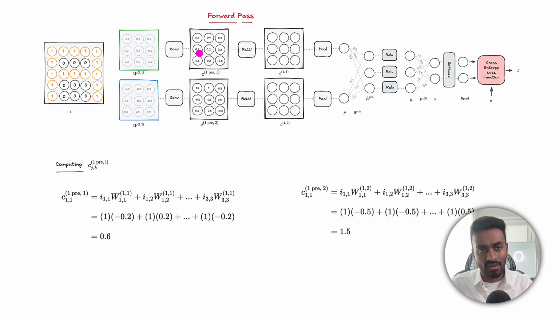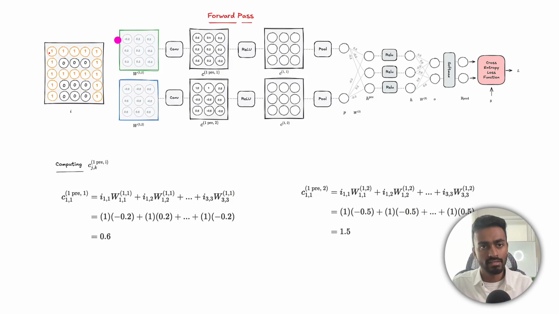Now, specifically, we can just see how we computed this. This computation here is specifically just for this neuron right over here. So how do we compute this output here? Well, it's going to be taking this feature map and putting it right here on these top 3 cross 3 neurons, then taking a sum of products.